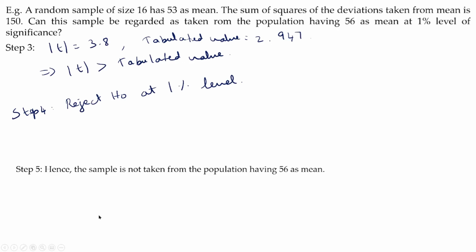And finally we have to write the sentence as given in the question, except that we have to see to it that whether we accept or reject H0. So here the conclusion is the sample is not taken from the population having 56 as mean. So this is how we have to go about with the steps when we use t-test.